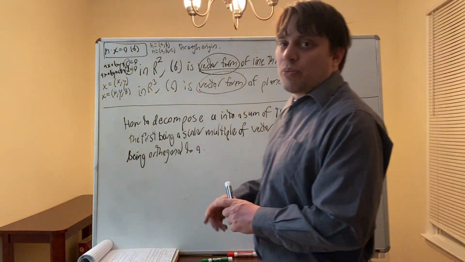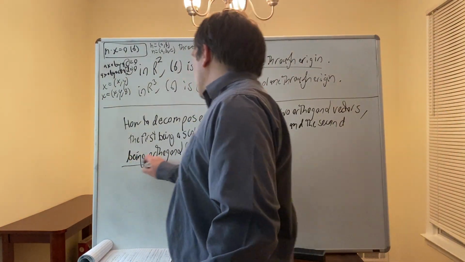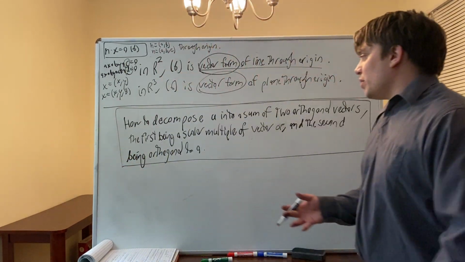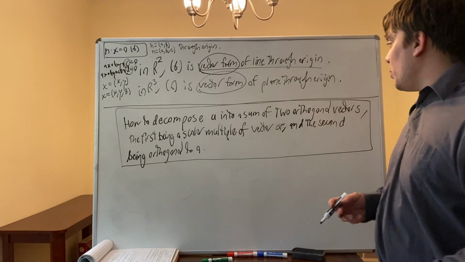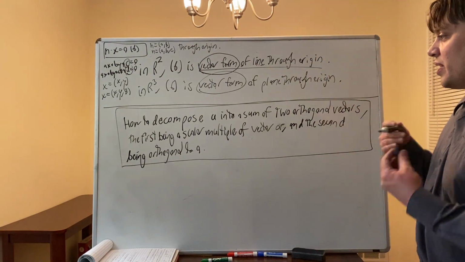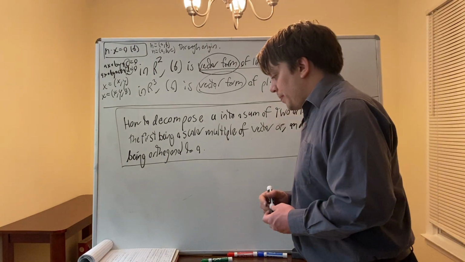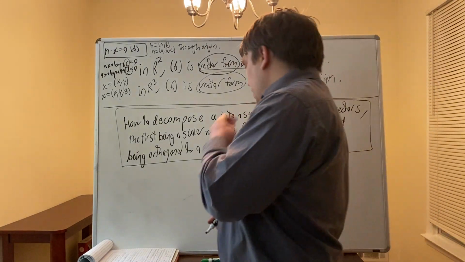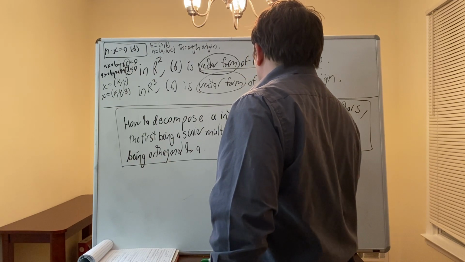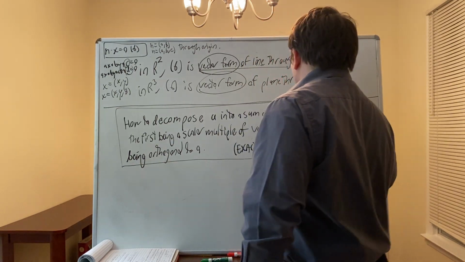So there's exactly one way to do this. Okay, so there's exactly one way to take a vector U, express it as a sum of 2 orthogonal vectors, the first being a scalar multiple of a vector A, and the second being orthogonal to that vector A. Okay, so this is done exactly one way. It can only be done exactly one way.